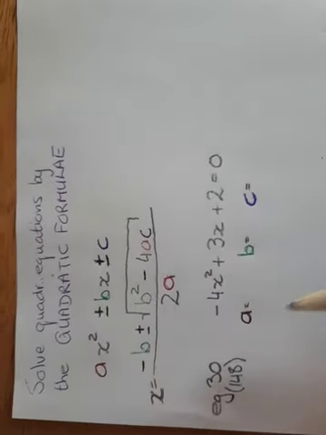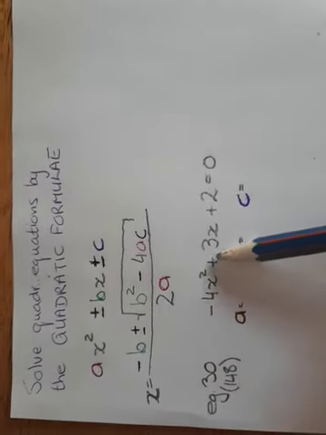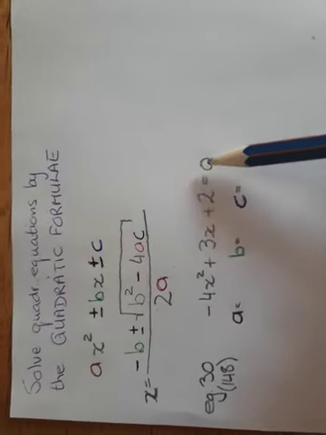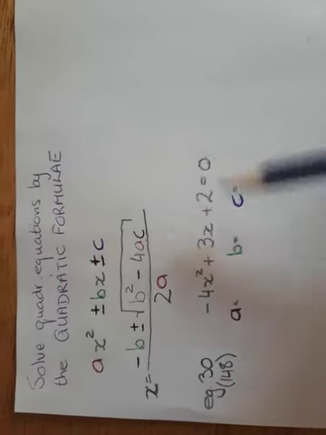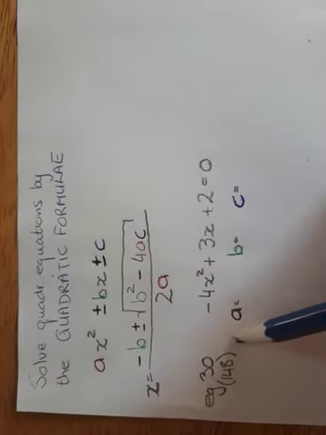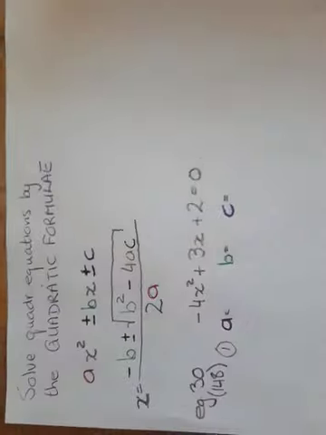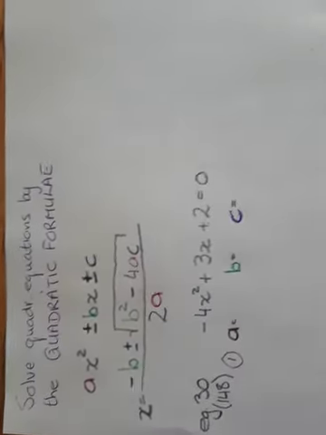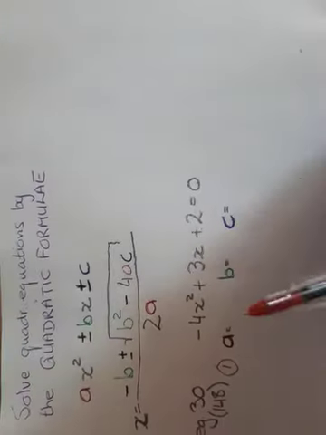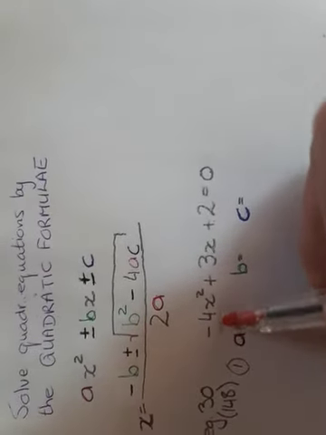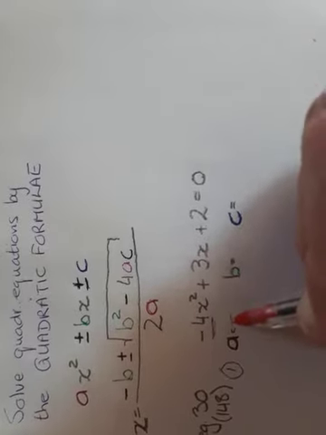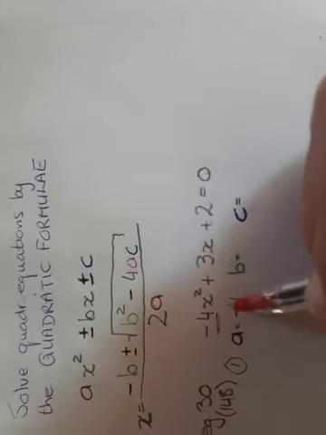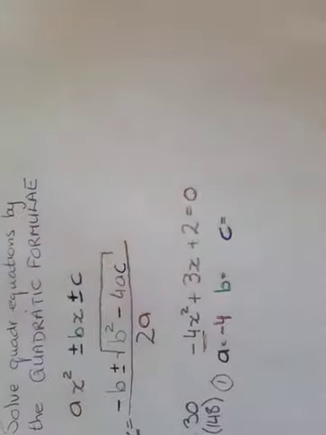The example that I have is negative 4x squared plus 3x plus 2 equals 0. In step 1, I want you to identify A, B, and C. Importantly, A is negative 4, so write it down like that, negative 4.